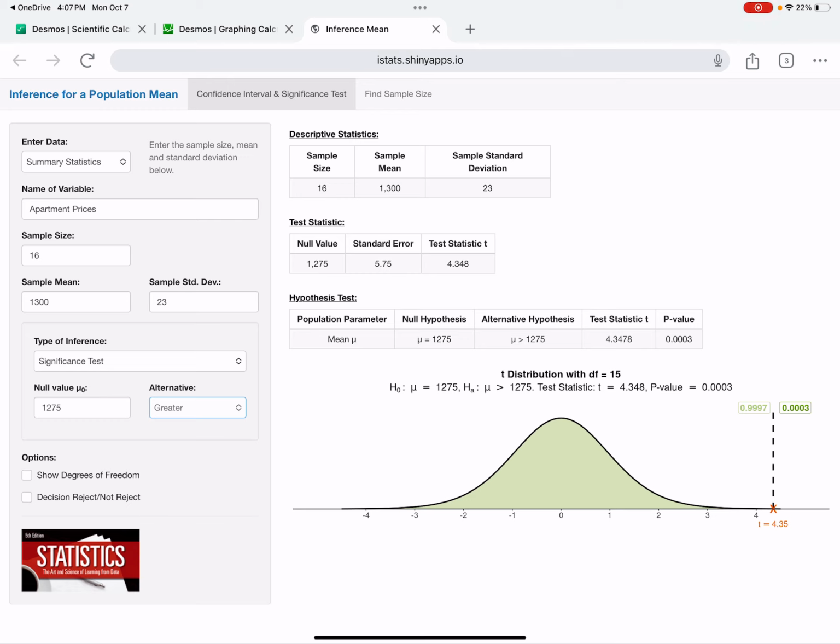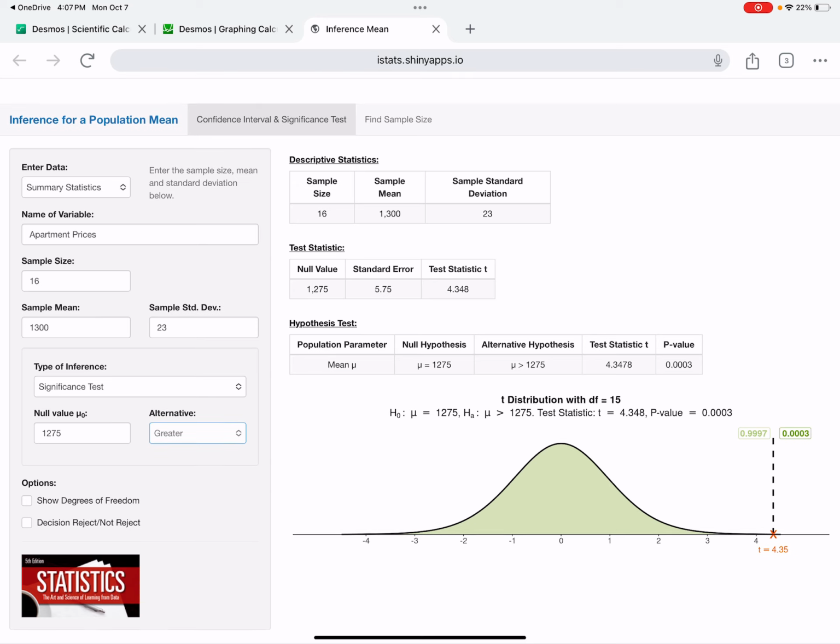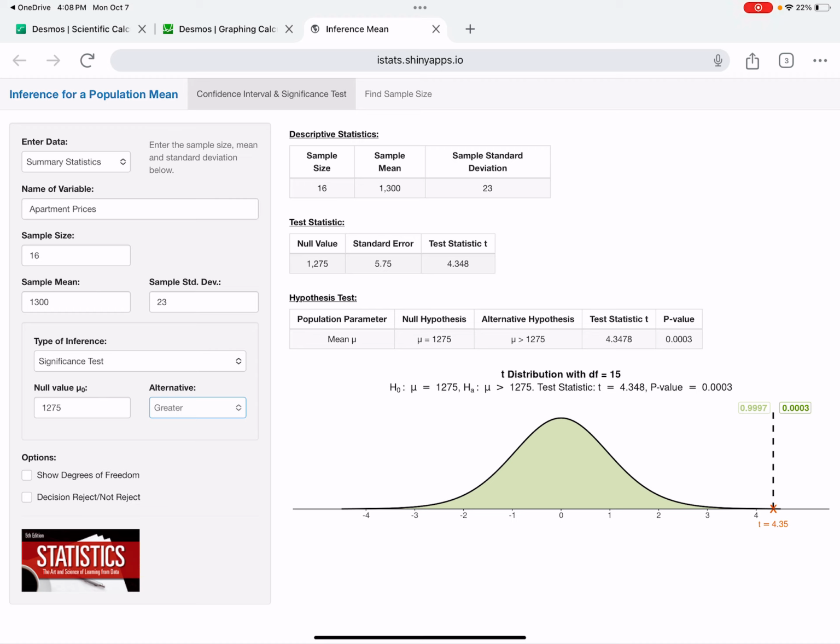They give you a little chart. They give you the test statistic, right? They show you where the t-score falls in the Student's t-distribution. So it's all really nice. The most important one, of course, is the p-value, which is in that third box at the very right-hand side, right, where it says p-value 0.0003. Right, so this value right here.